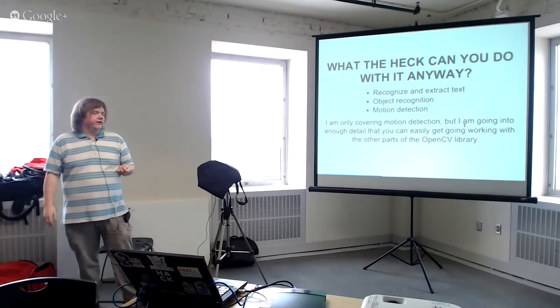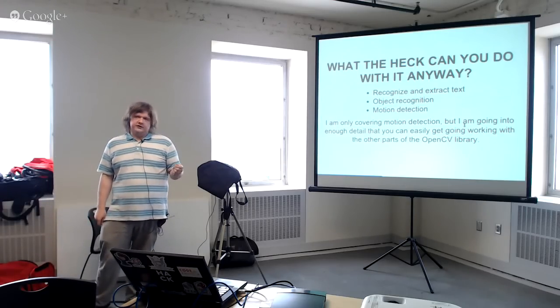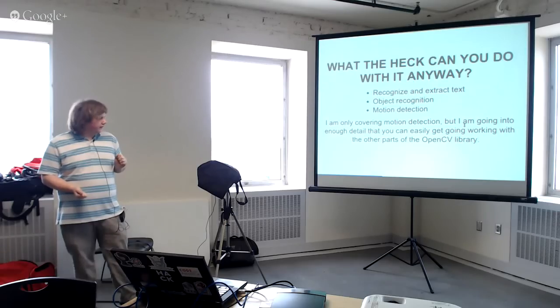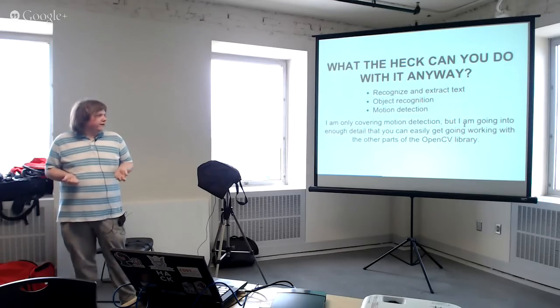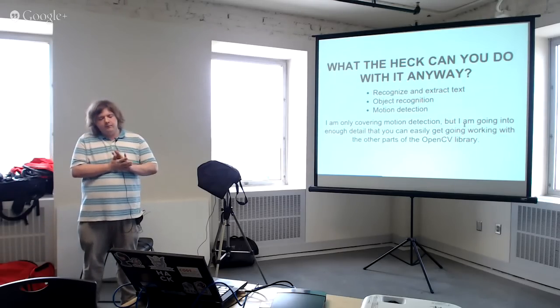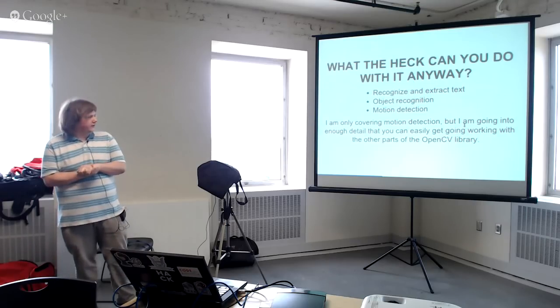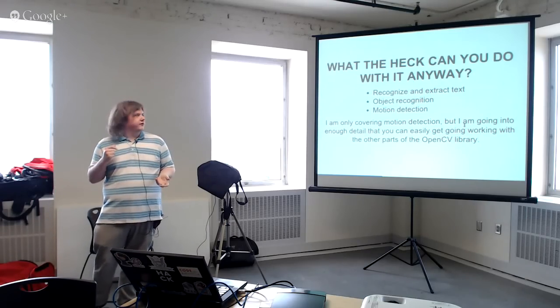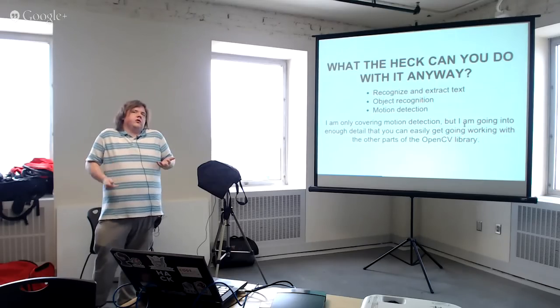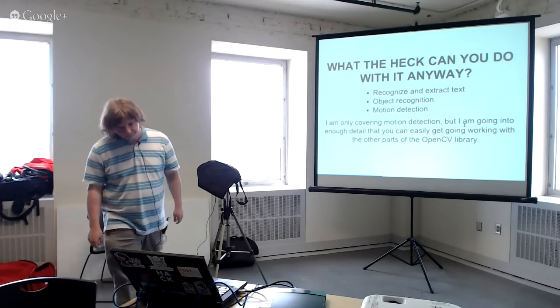And also motion detection. This is what my project is built on. Like I said earlier, I'm only going to cover motion detection, but I hope to do it in enough detail that you can extrapolate and get a better foothold on the OpenCV Python library.